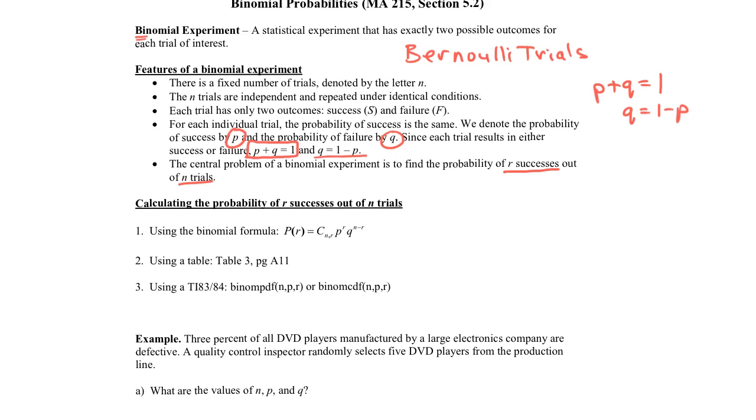NPR, just think of NPR radio, makes it easier to remember. So what we have to know is that N is the number of trials, so number of coin flips or something like that. P is the probability of success.